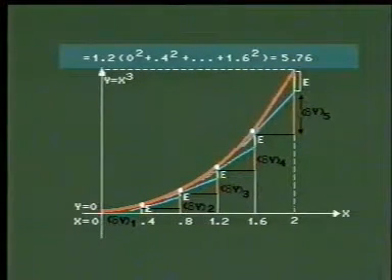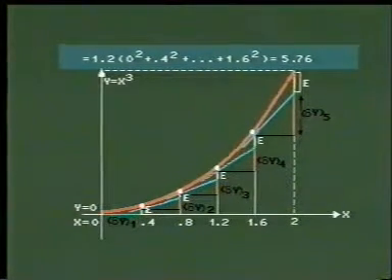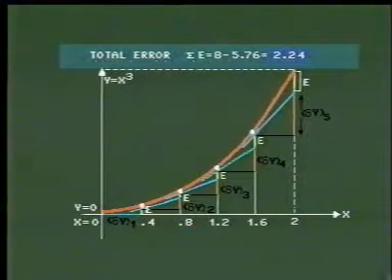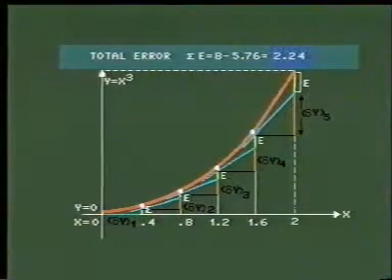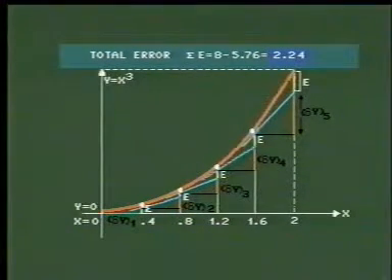Whereas we have seen that the total change in y is 8. Therefore, the total error in calculated value of total change in y is sigma e is equal to 8 minus 5.76, which is equal to 2.24, which is the sum of all errors indicated by E in the figure.